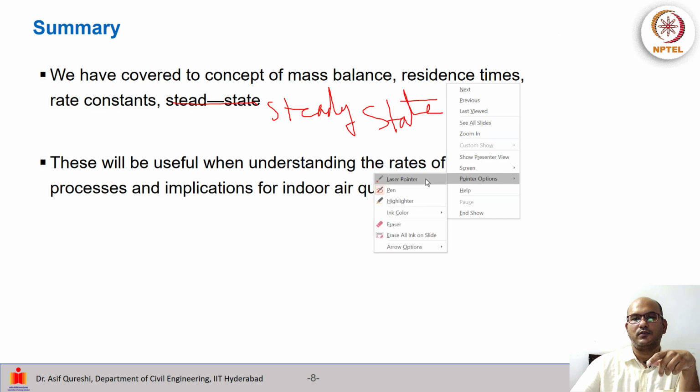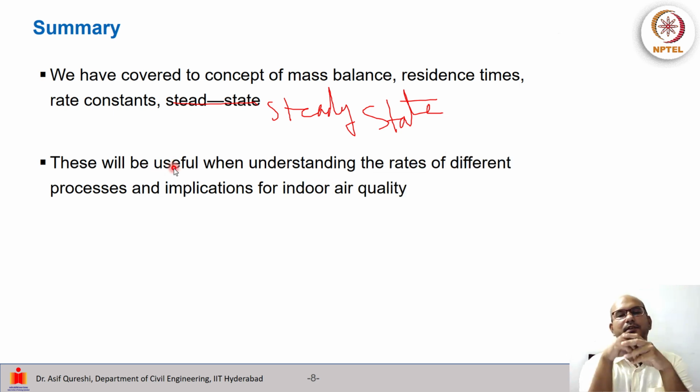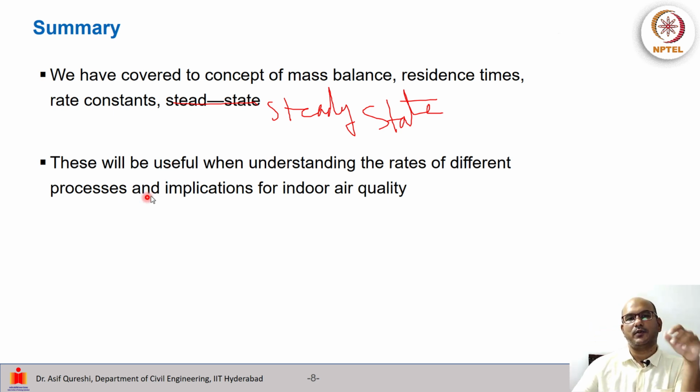And we have also now done some examples, utilizing these concepts to get a sense of time average concentrations, or checking scenarios of what is useful or what is better than the other. All these things will be useful when understanding the rates of different processes and applications and their implications for indoor air quality in the lectures which are going to follow.